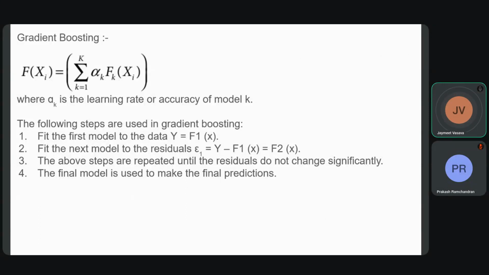Fit the first model to the data, y equals f1 of x. Then fit the next model with the residual error, y minus f1 of x, which is f2 of x. Then the above steps are repeated until the residuals do not change significantly, and the final model is used to make the final predictions.